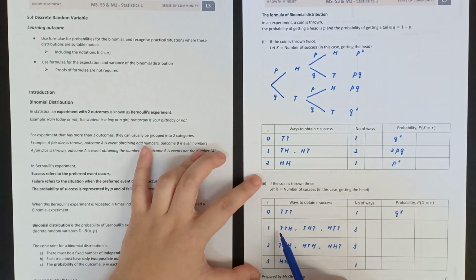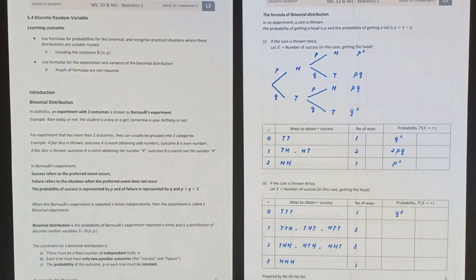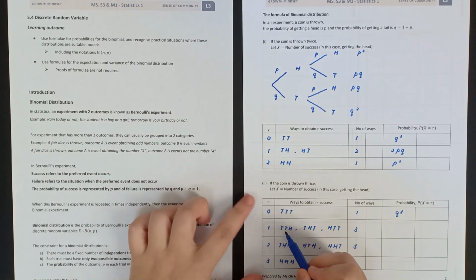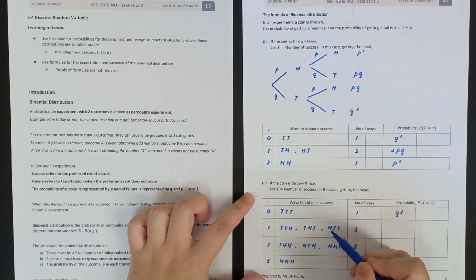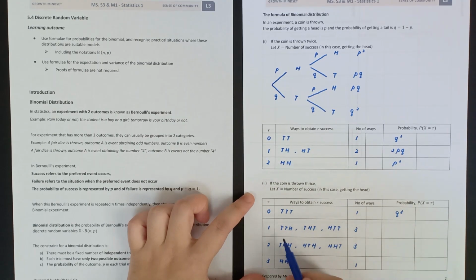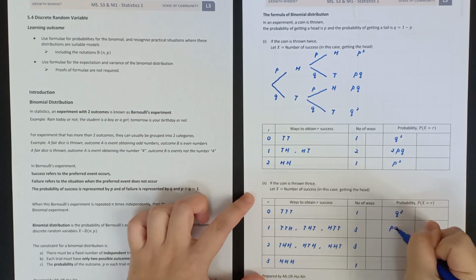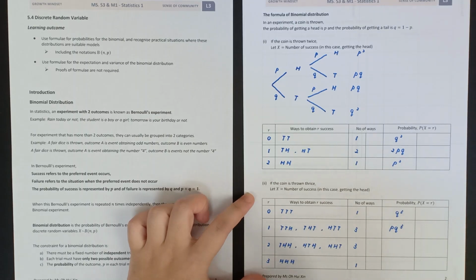Okay, so for tail tail head, when you look at this one, you see tail times tail, you get Q times Q, which is Q squared, times P. Same thing, this one is Q times P times Q, and then P times Q times Q. So when you multiply them together, you will realize that everything here gives you PQ square. Is that okay?